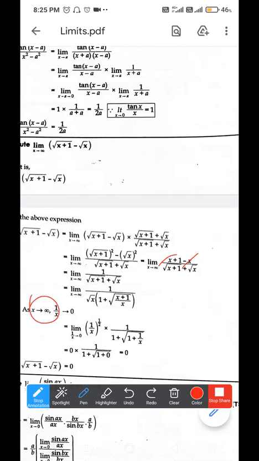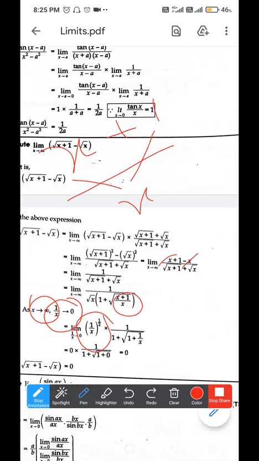After taking root x as common, if x tends to infinity, 1 by x tends to 0. So 1 by root x tends to 0. Here also split: x plus 1 by x is there. If you split x by x plus 1 by x, x by x is 1. So 1 plus 1 by x.